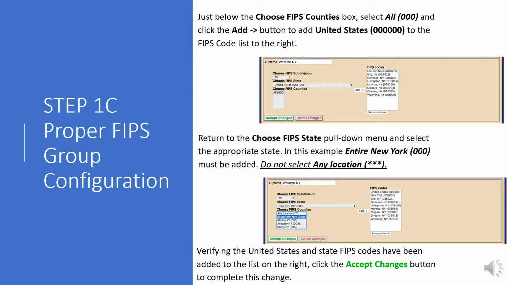Return to the Choose FIPS State pull-down menu and select the appropriate state. In this example, entire New York must be added. Do not select any location. Verifying the United States and state FIPS code have been added to the list on the right, click the Accept Changes button to complete this change.